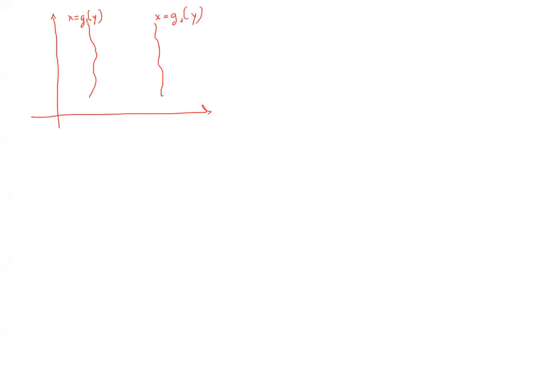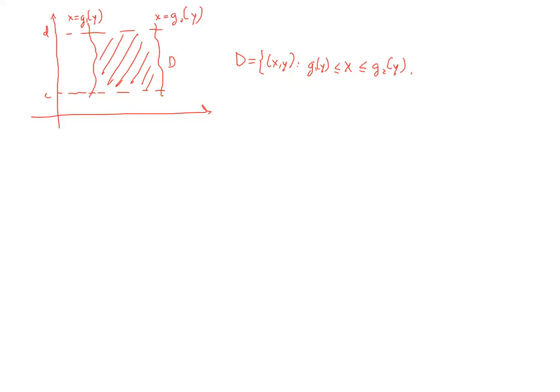And then you're just going to go between C and D. So if we were to describe this domain the way we did before, so let's say that we call this D, then D is going to be all x's and y's such that x is between g1 of y and g2 of y, and y is between C and D.